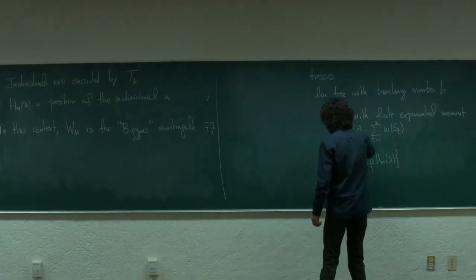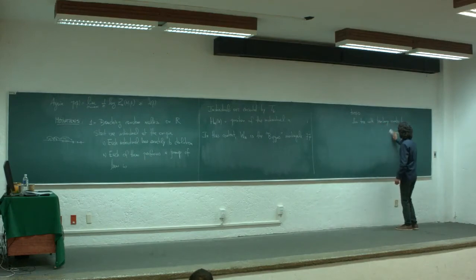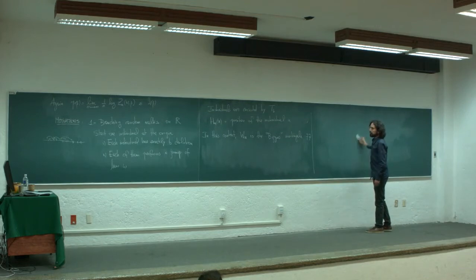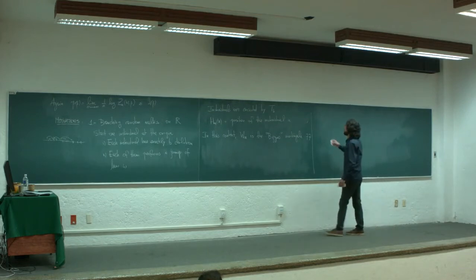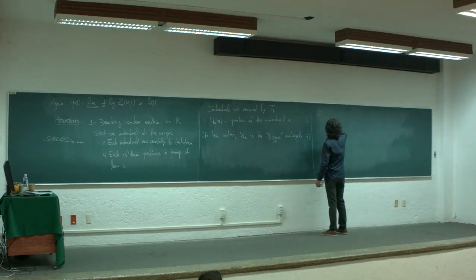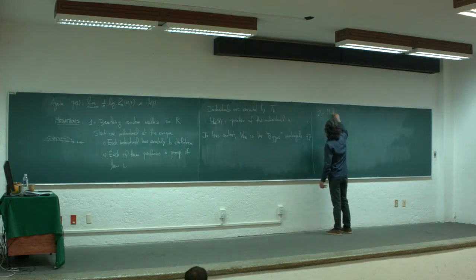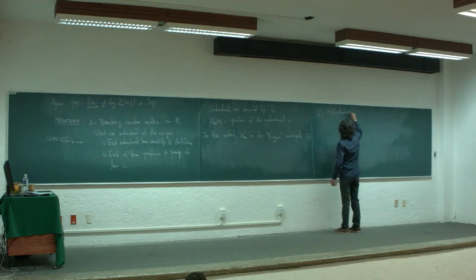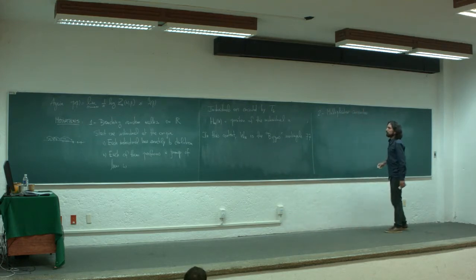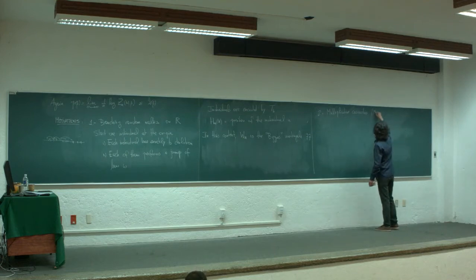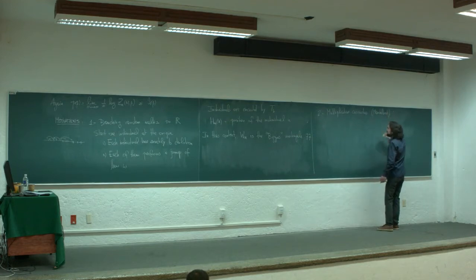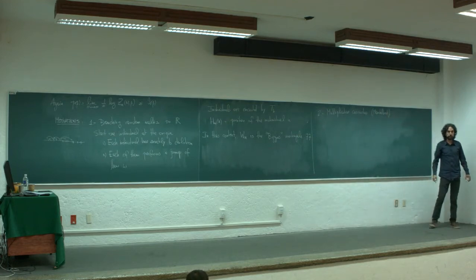And there is a second origin of the model, and this is known as multiplicative cascades. This is a model introduced by Mandelbrot. So this was a simplified model for turbulence.